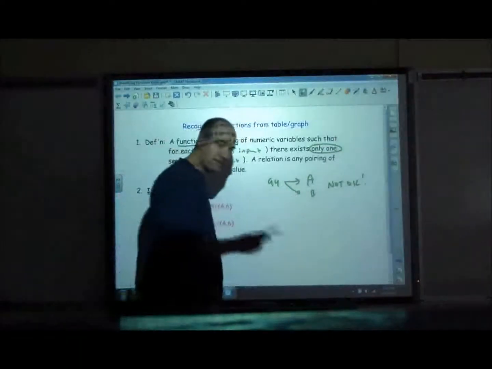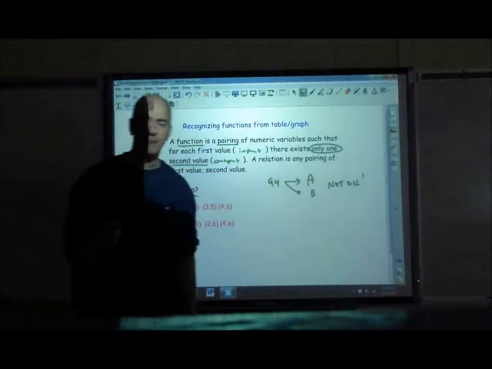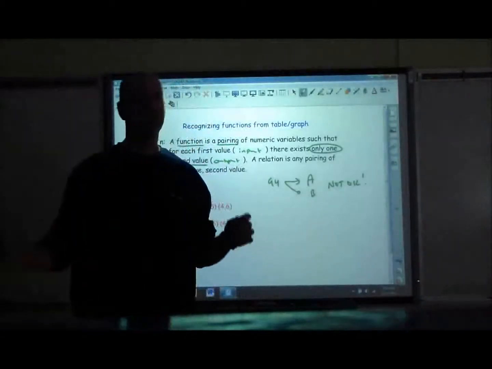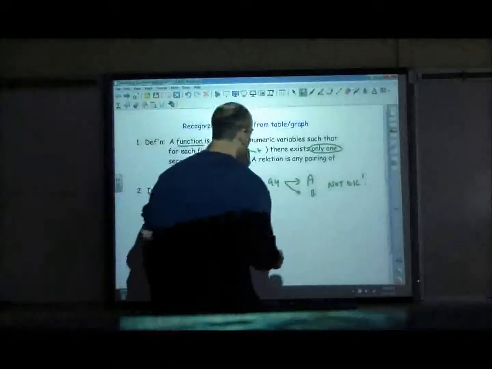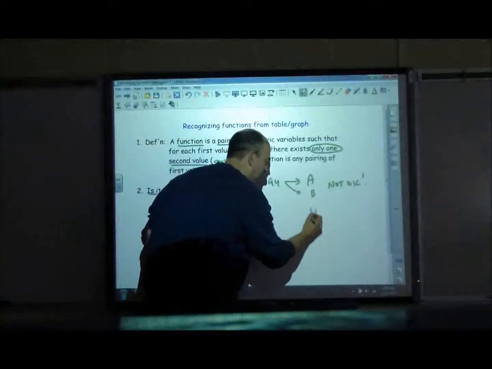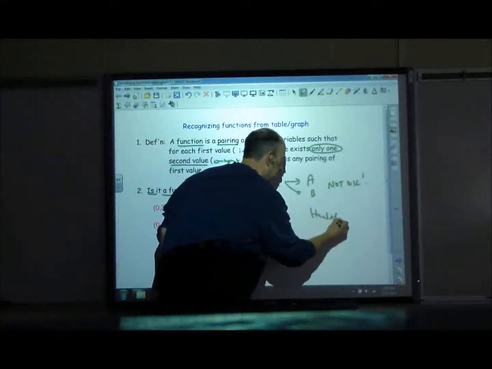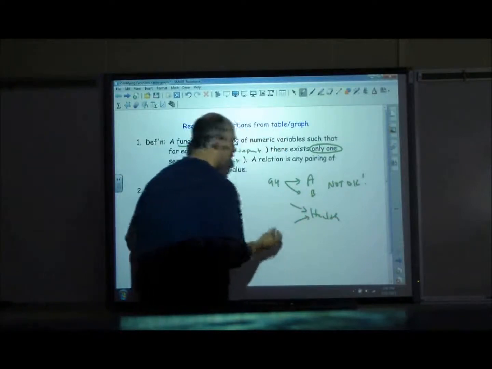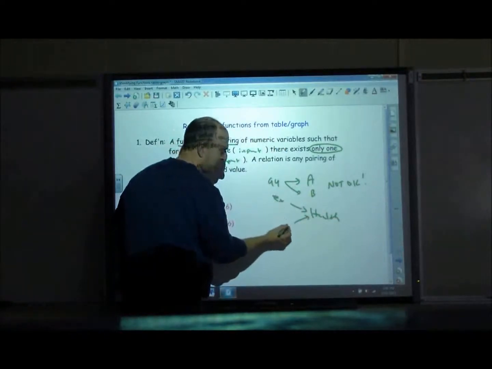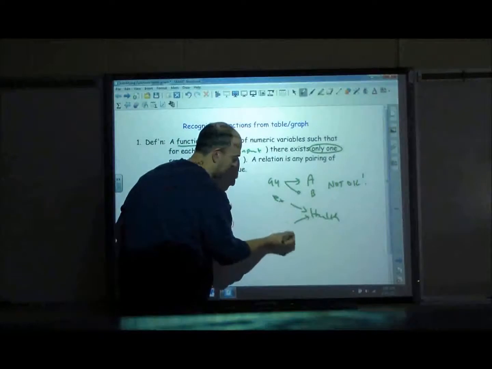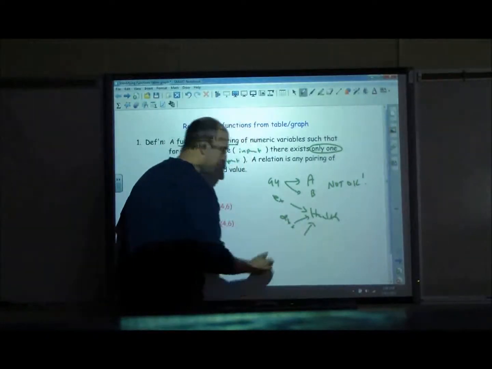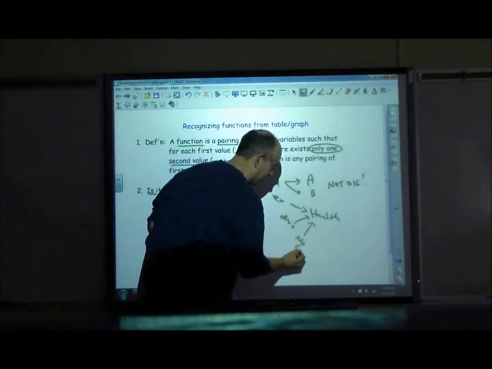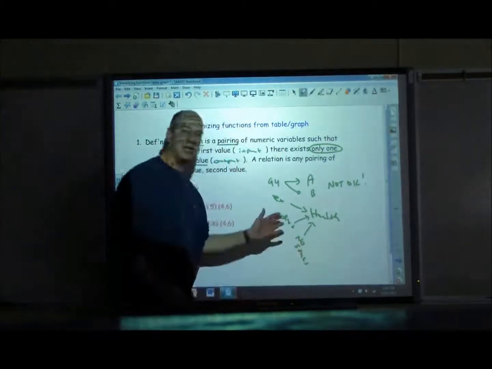Now, here's the thing that can mess people up. You can have different inputs lead to the same one output. For instance, if I said that health is my output, somebody might say exercise, somebody might say nutrition or diet, somebody might say no stress. But all those things should lead to health.